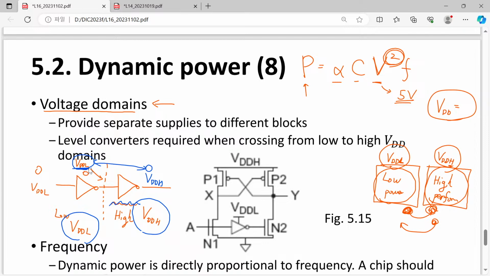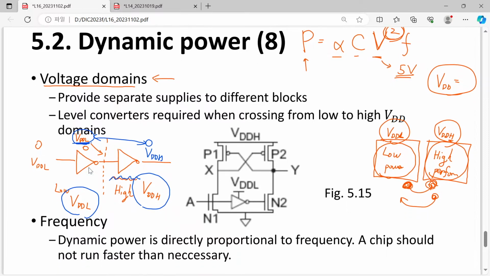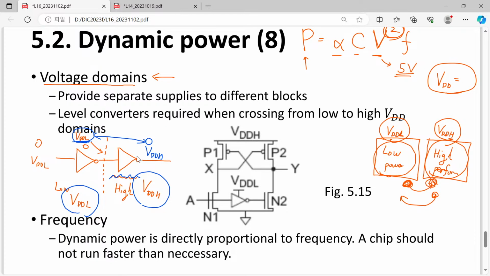So in order to eliminate the problems related to sending the signal from one domain to the other, we have introduced this level converter. So this is a level converter, and here you can see that they are cross-coupled.